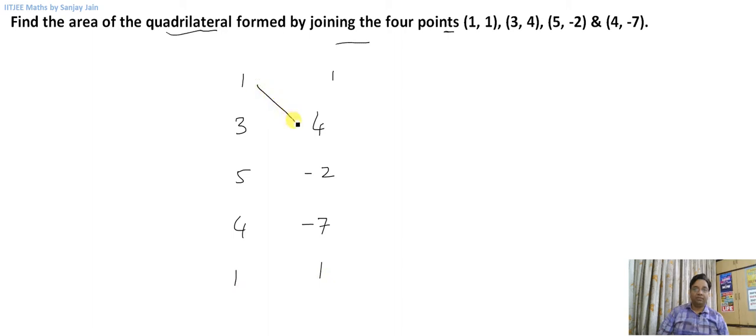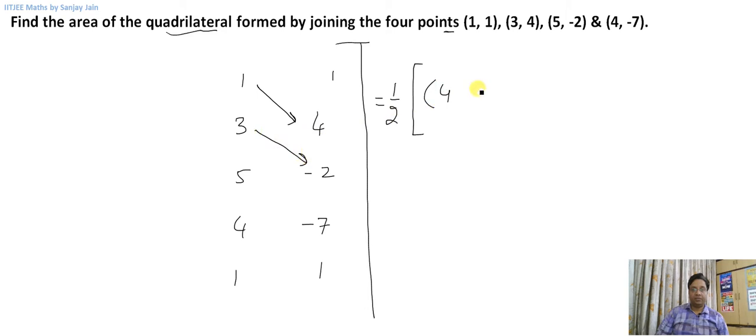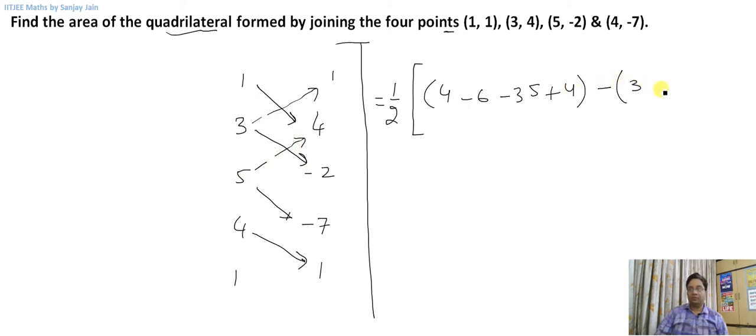Now let me multiply in this fashion: 1 into 4, 4; 3 into 2, minus 6; 5 into minus 7, minus 35; 4 into 1 is 4; minus 3 into 1, 3; 5 into 4, 20; 4 into negative 2, minus 8; 1 into negative 7, minus 7.